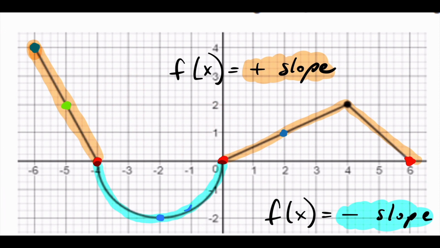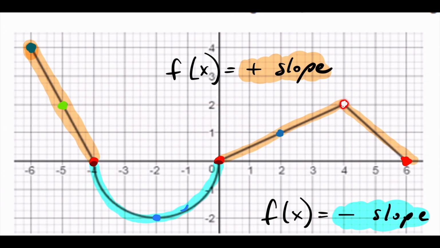Not at 0. Close. Not -4. That's for the first derivative. Those are critical values for the first derivative. I'm looking for critical values for the second derivative. Where will this guy have a slope of 0? 4 is one, because it won't have a slope of 0, but it won't have a slope at all, right? This won't have a derivative. I can't do a derivative here because it's a corner.